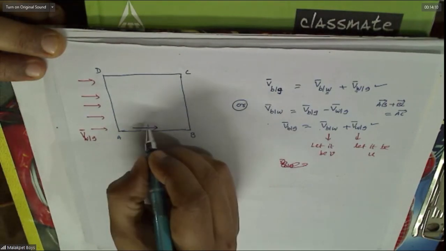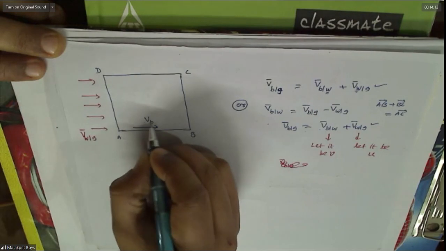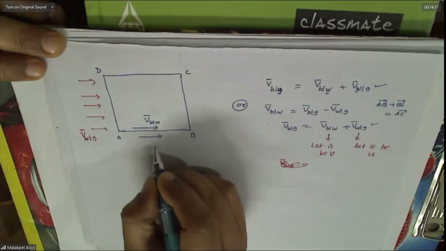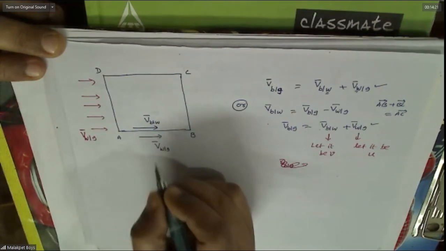This is velocity of bird and this is velocity of wind.